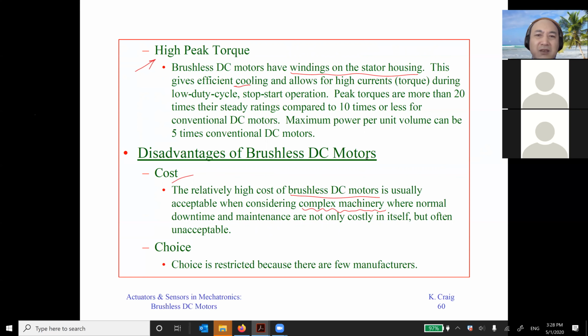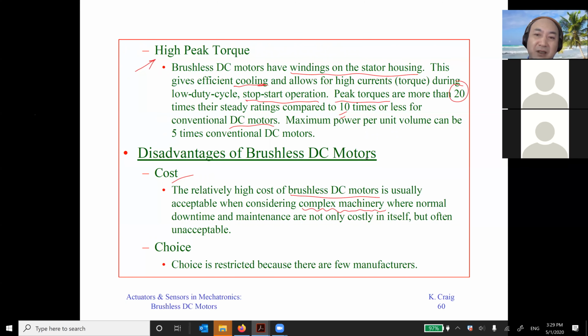Cooling allows high current during the low duty cycle and lots of stop-start operation, like in an elevator. So the peak torque can be 20 times their steady ratings, while in conventional brushed DC motors, you can probably do only 10 times.